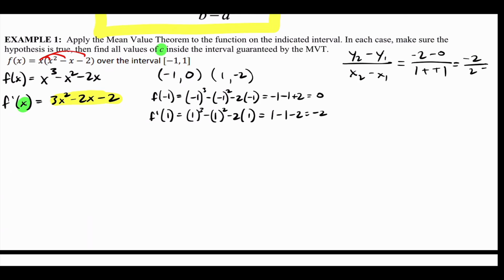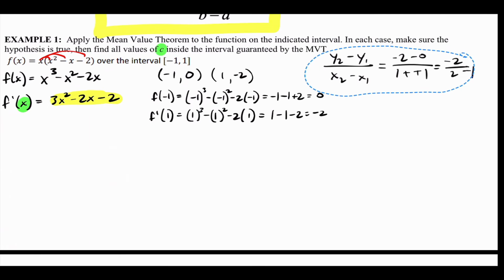You get negative 2 over positive 2, which is the same as negative 1. So the average rate of change from negative 1 to positive 1 is negative 1.